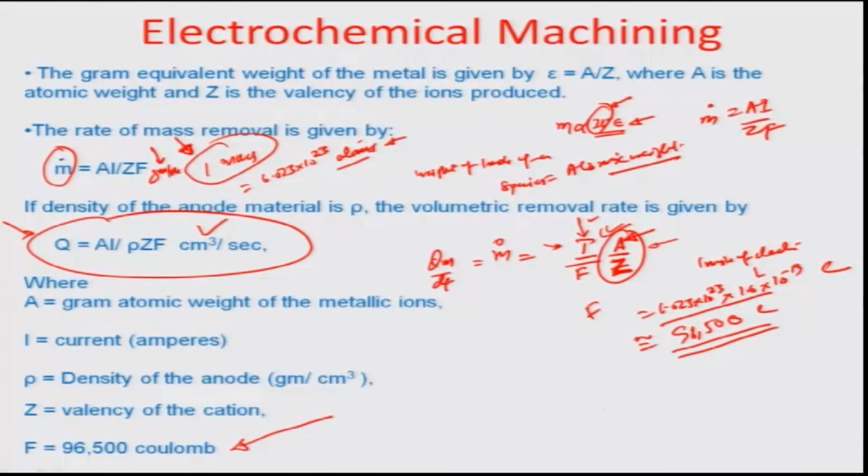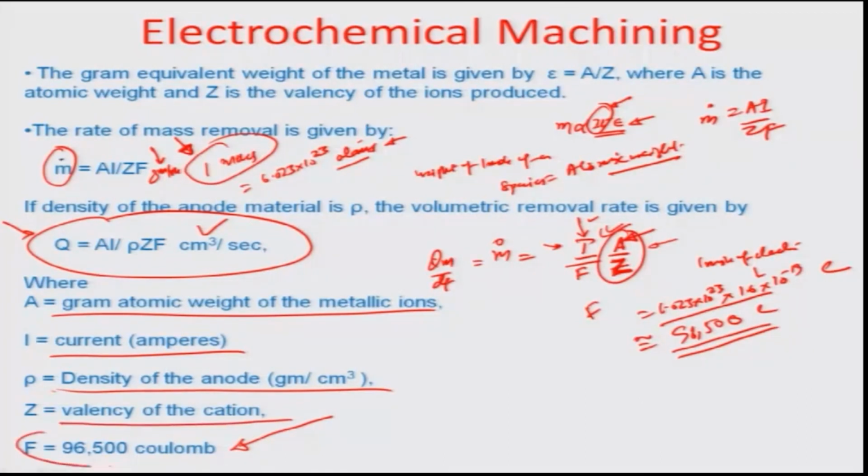A is the gram atomic weight of the metallic species, I is the current in amperes, rho is the density of the anode in gram per centimeter cube, and Z obviously is the valency of the cation, and I have already explained to you how this F factor or the Faraday constant emerged. So, this is a ballpark understanding of how the volumetric material removal rate can be created.